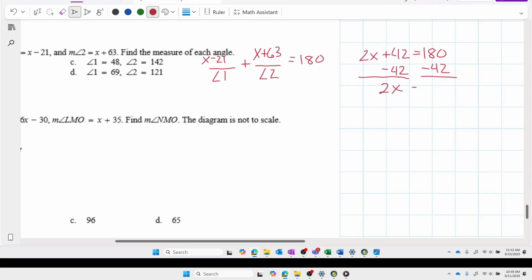So 2x is equal to 138. And divide each side by 2. So x equals 69 degrees.